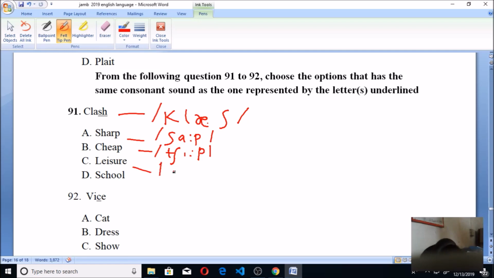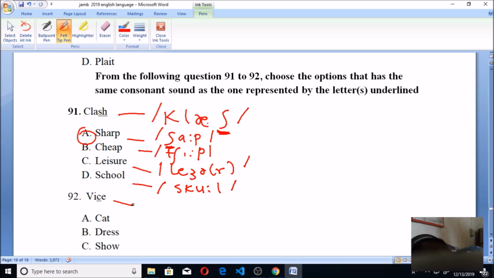Now we have leisure, optional R at the back. Then finally we have school, the long U sound. You can simply see that this is clash, and this sound is very similar to what we have here in sharp. So that makes option A the right answer.